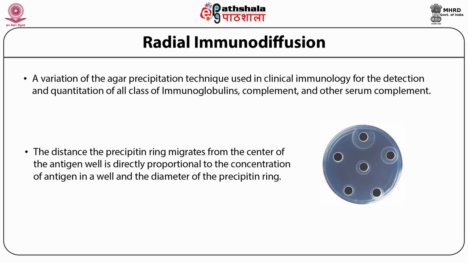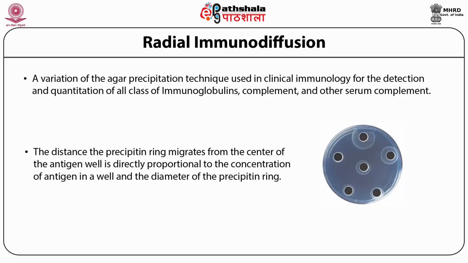In this case, molten agar is made into a plate, and various concentrations of the antigen are added by punching holes in the agar plate. Then this is treated with a specific amount of the antibody.